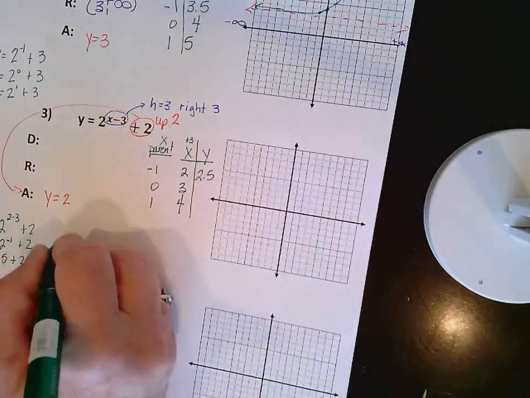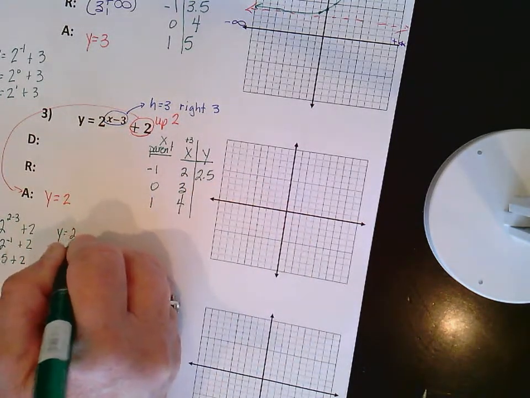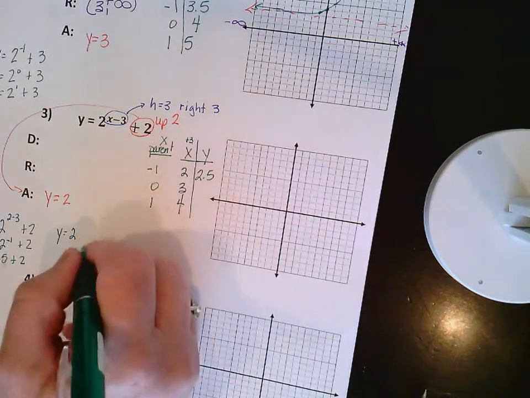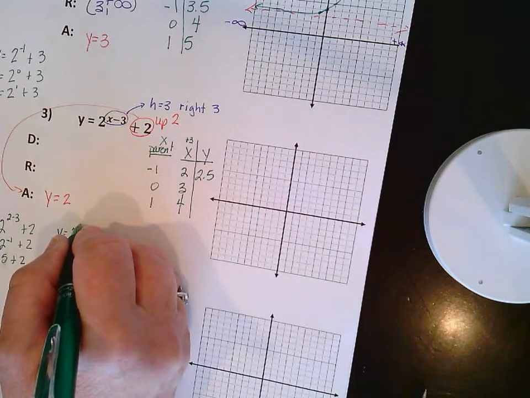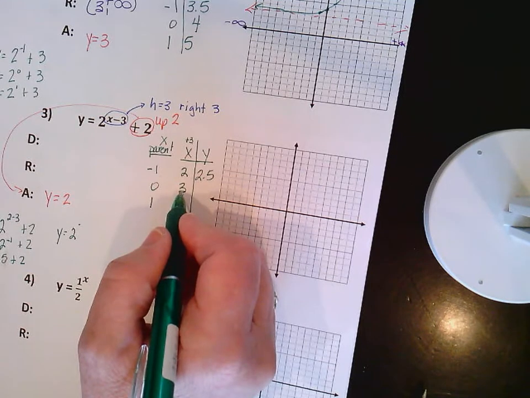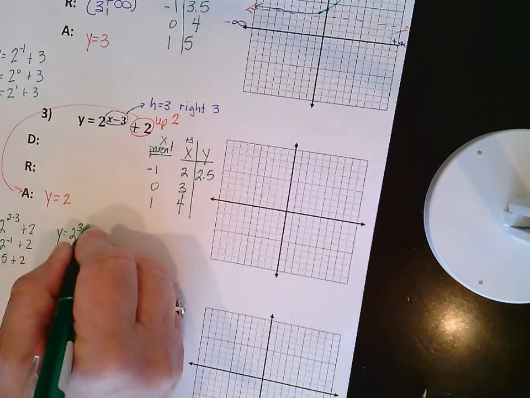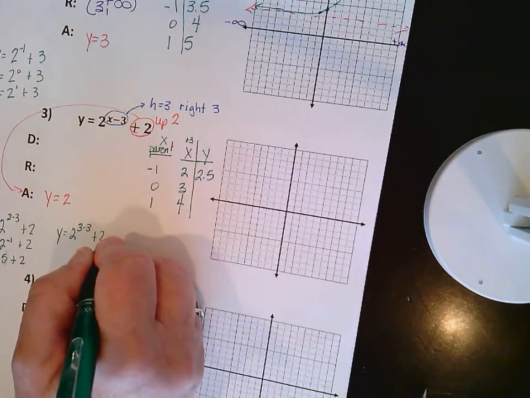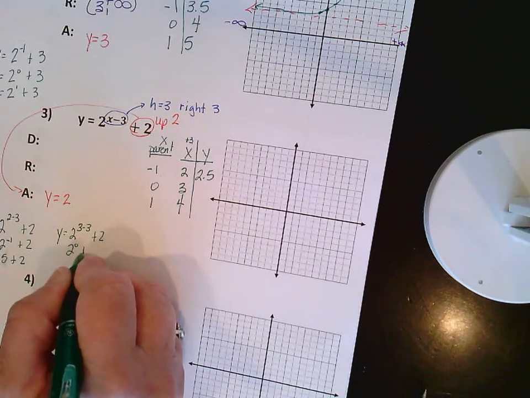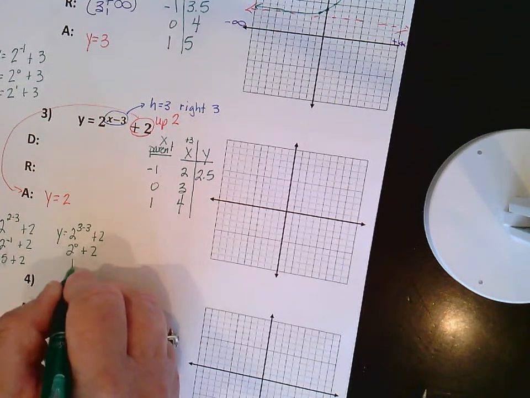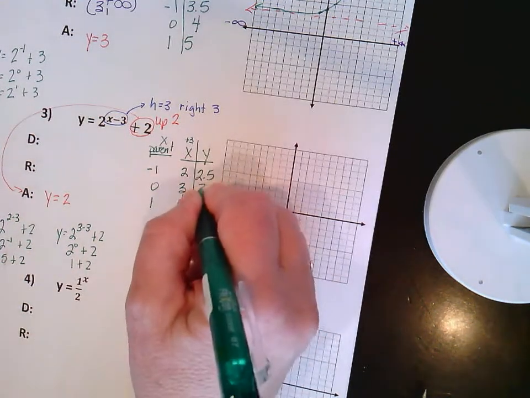I'm going to do the next one, y equals 2 to the 3 minus 3, plus 2, which is 2 to the 0 plus 2. 2 to the 0 is 1, and 1 and 2 is 3.